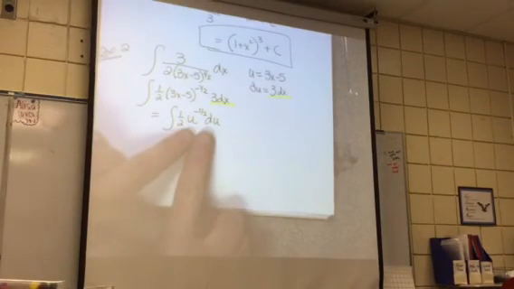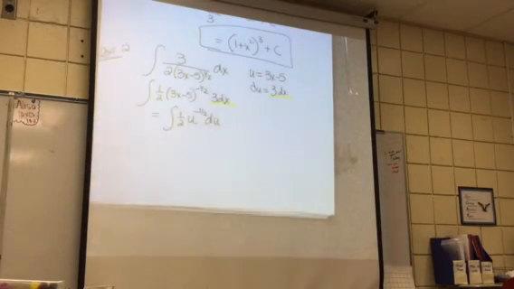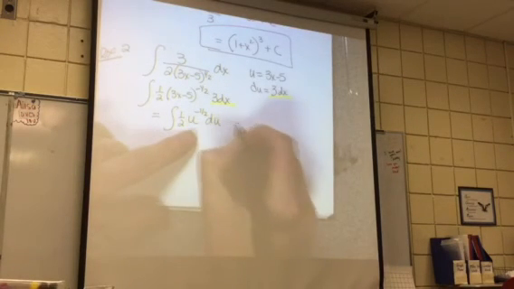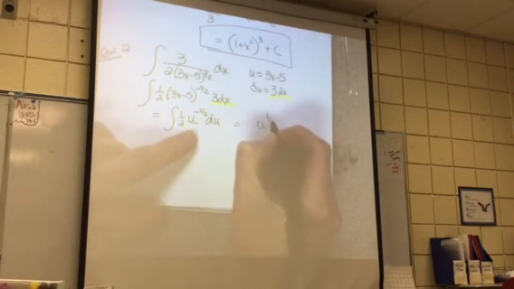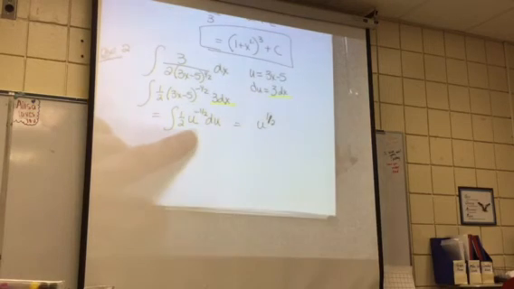Isn't this a much simpler integrand? We should know how to integrate this. This one we don't, because it's got a function inside of a function. But this one is something we can integrate just using our exponent rules. So you're going to add the 1 to your exponent. So that becomes u to the 1/2 divided by 1/2.